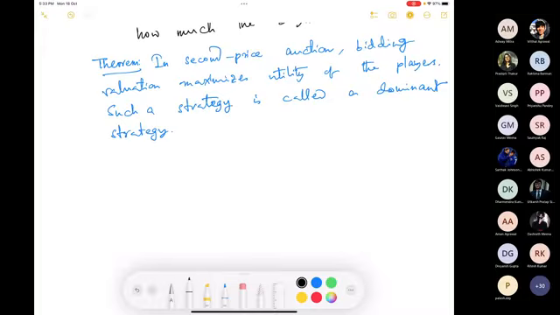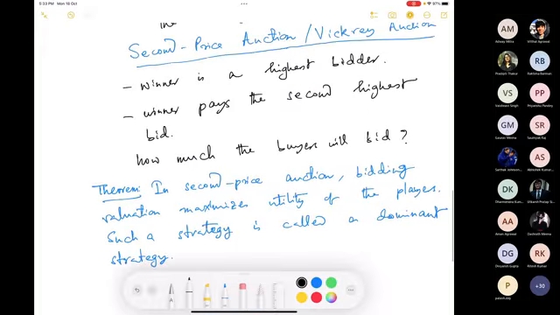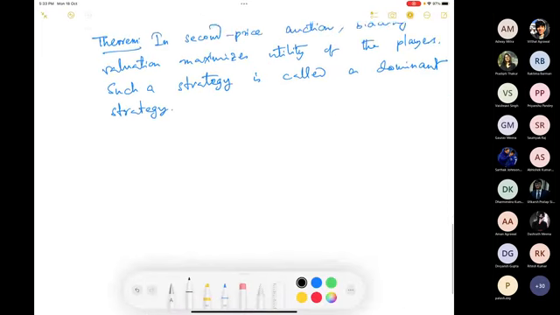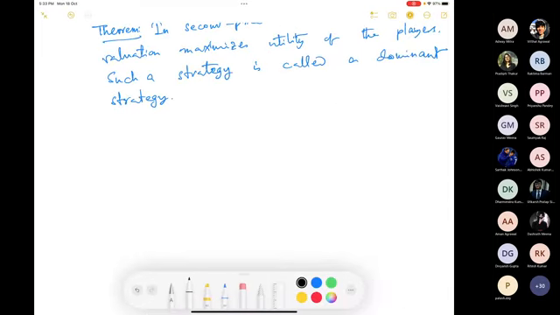That is what we mean by the second price auction is much easier to reason about. Okay, question about the statement of the theorem before I prove this.